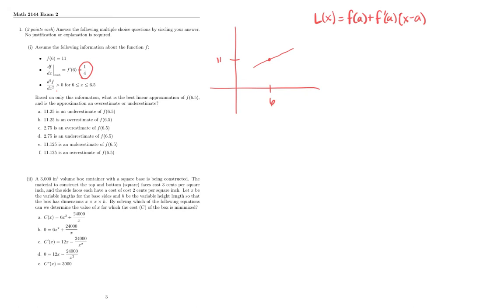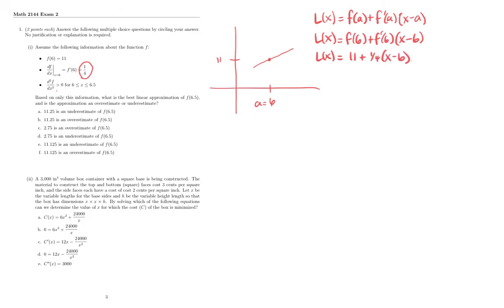And here my a is 6. So my linearization of x is going to be f of 6 plus f prime of 6, x minus 6. And I know what f of 6 is. It's 11. F prime of 6 is 1/4, x minus 6.